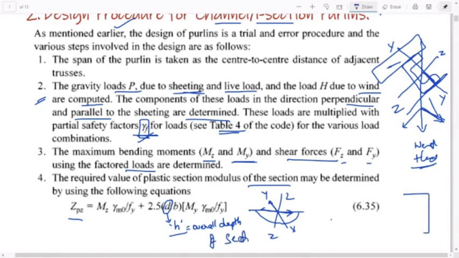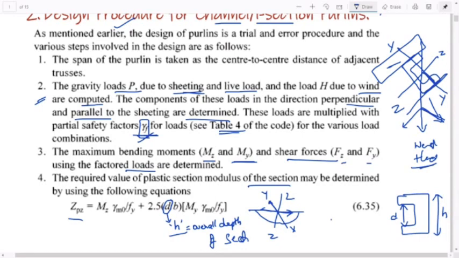Let me show you. If this is the C section, this overall depth is h, and this is d. So d and h are not the same. In this equation, d is the denotation used for h, but I'm using h as the denotation for that.